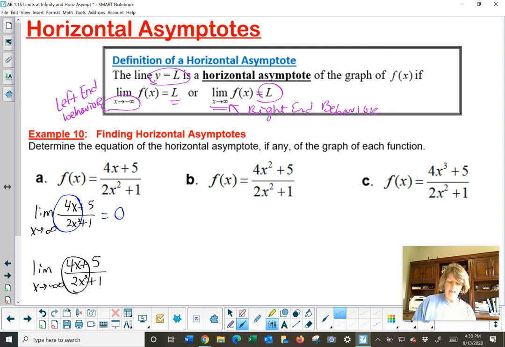The other one, let's analyze the bottom. Once again, I'm looking at the highest degree. The other stuff isn't really impacting those lead terms because the lead terms are so much larger than the other terms. So I get 4x divided by 2x squared. Well, the 2x squared is going to dominate and get super large much faster than the top. That's going to drive this to 0.